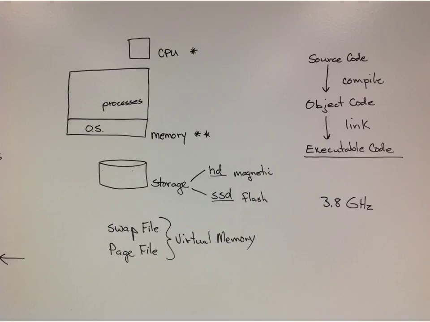So I started off talking in general about memory. So we drew this, talked about memory, and then we talked about storage. Distinguish between the two. We talked about hard drives and solid state storage, solid state drives, flash and magnetic.